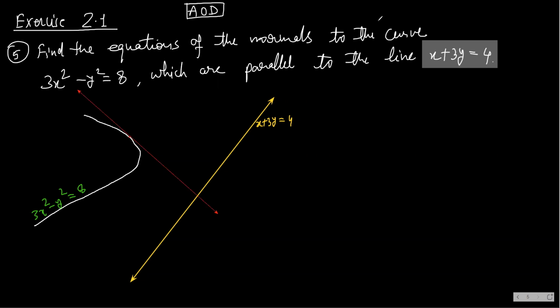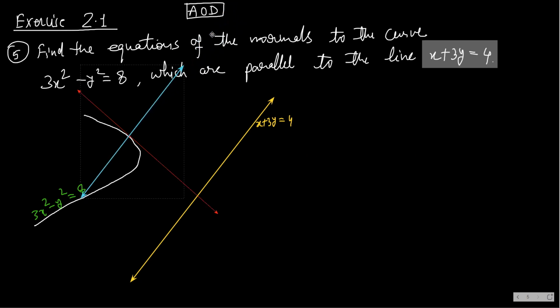Now I draw the normal to this curve. See why I need to draw the tangent? Because a normal will always be perpendicular to the tangent. Unless you draw a tangent, you won't be able to draw a normal. So now I draw a normal.